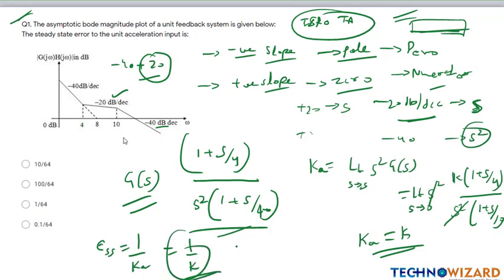Now we have to find the value of K. To find K, we use the magnitude in dB at omega equal to 8. At omega equal to 8, the magnitude is 0 decibel.